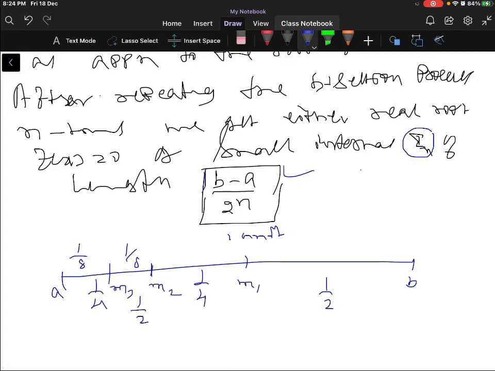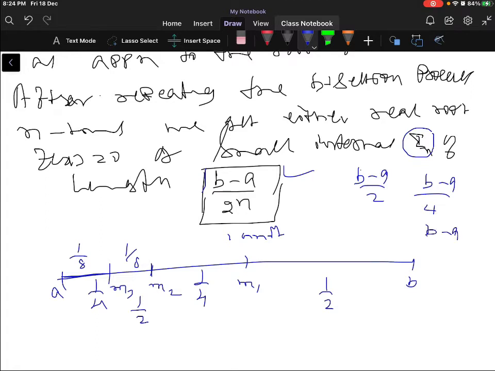Let us compare with this formula. When you divide the interval at m1, the length is b minus a by 2 the first time. When you divide the interval the second time, it is b minus a by 4. You can observe that this length is 1 by 4.